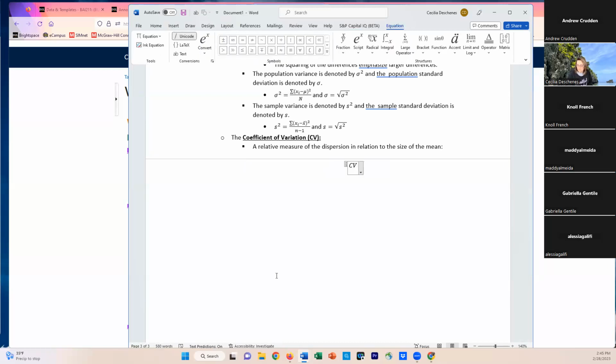So CV, for a sample, is given as the sample standard deviation divided by the sample mean.